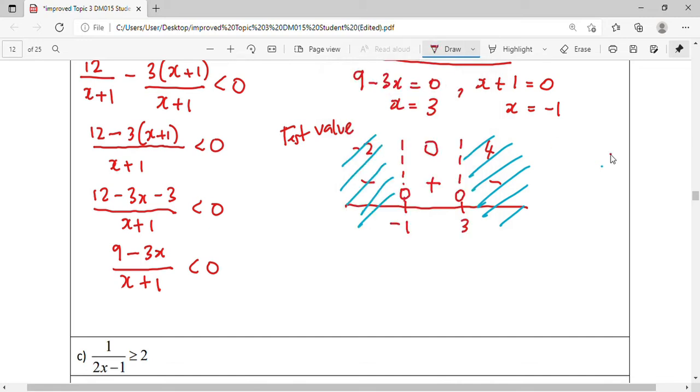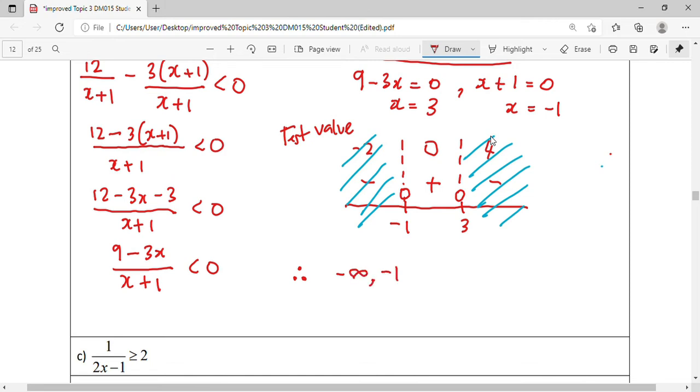I will write it in the form of interval. For this region first, starting from negative infinity up to negative 1, so negative infinity, comma, negative 1.